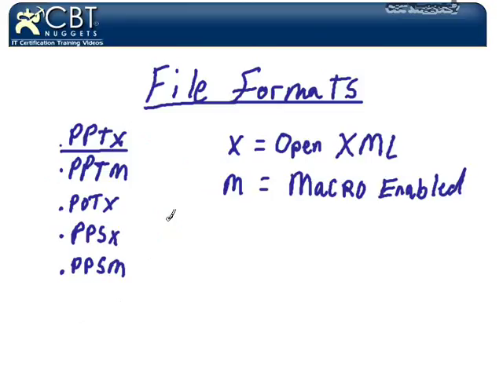However, if you're running in an environment where everybody's using Office 2007, you get all the flexibility that XML, OpenXML, gives to you. PowerPoint 2007 has a lot more of those bells and whistles that you're given because you're able to use the XML.